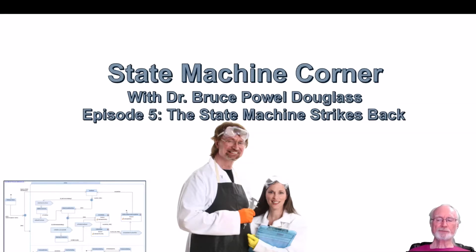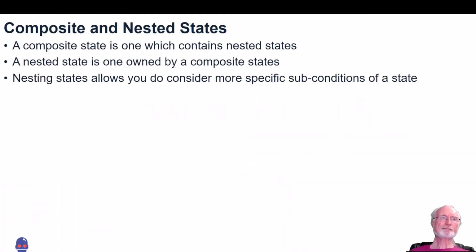This episode will consider nested states, which are a powerful feature in UML and SysML state machines. A composite state is a state that has internal states. A nested state is a state that's nested within a composite state.